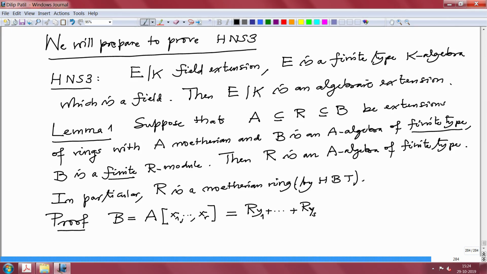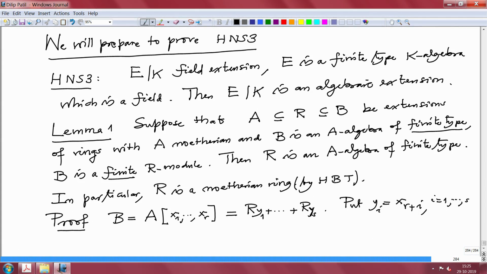Now what I am going to do is put y_i equal to x_{r+i} for i from 1 to s. And why do I do that? If B is generated by y1 to ys, then I can put more elements there and it will still generate the whole B.